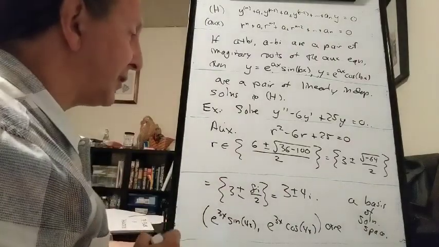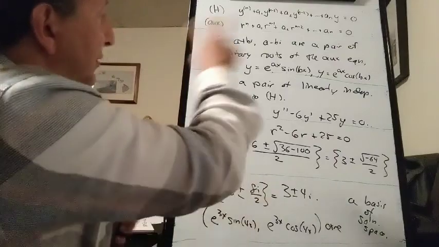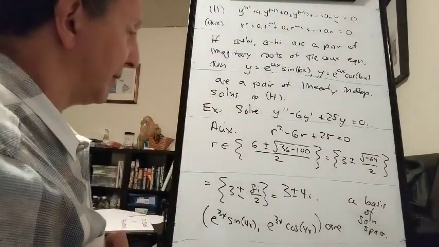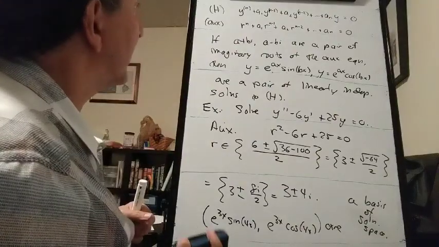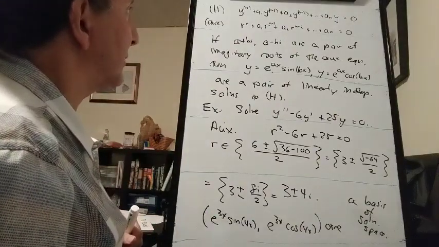Alright, now let's ask the typical question. There are infinitely many solutions, a two-dimensional space of them. Which solution satisfies certain equations? Which solution has certain properties?